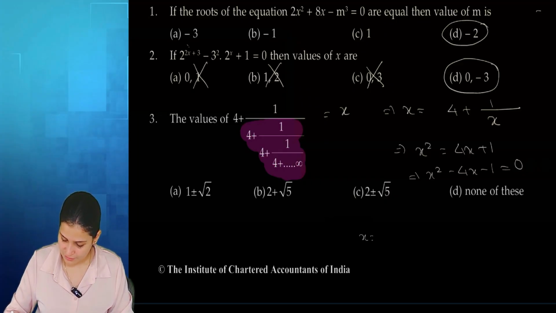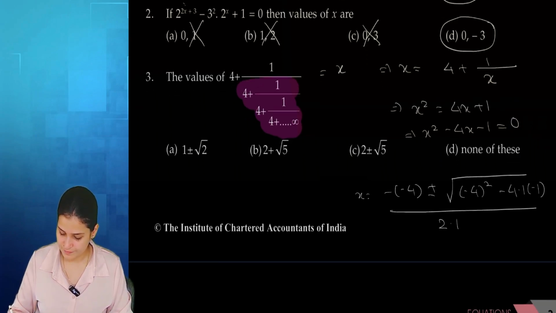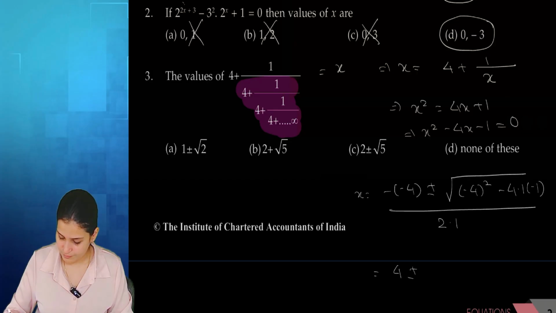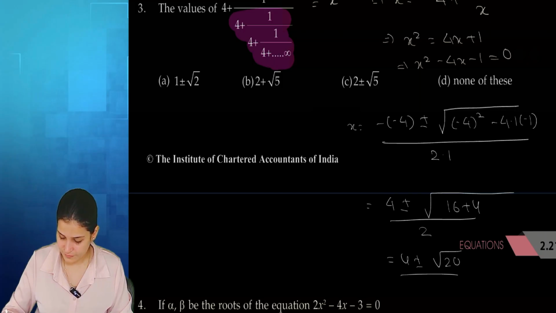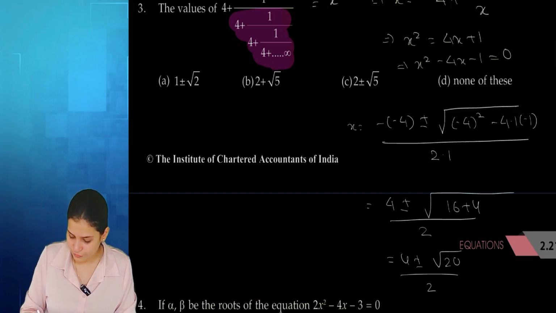Use the formula minus b plus minus root b square minus 4ac by 2. 4 plus minus root 16 plus 4 upon 2. So 4 plus minus root 20. Root 20 is root of 5 into 4. 4 can come outside. So automatically C is the answer.